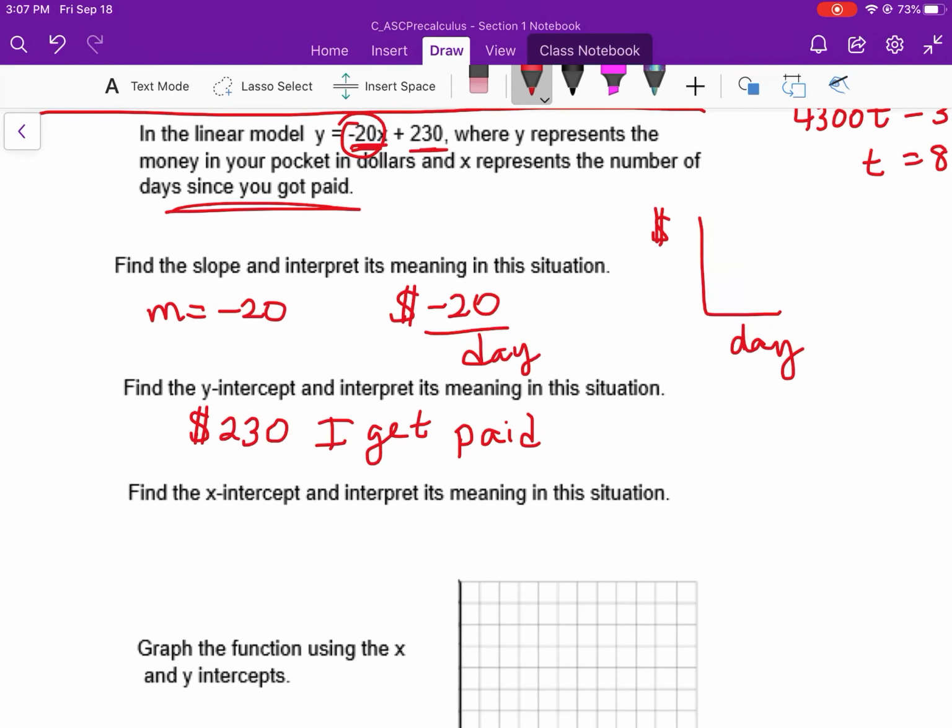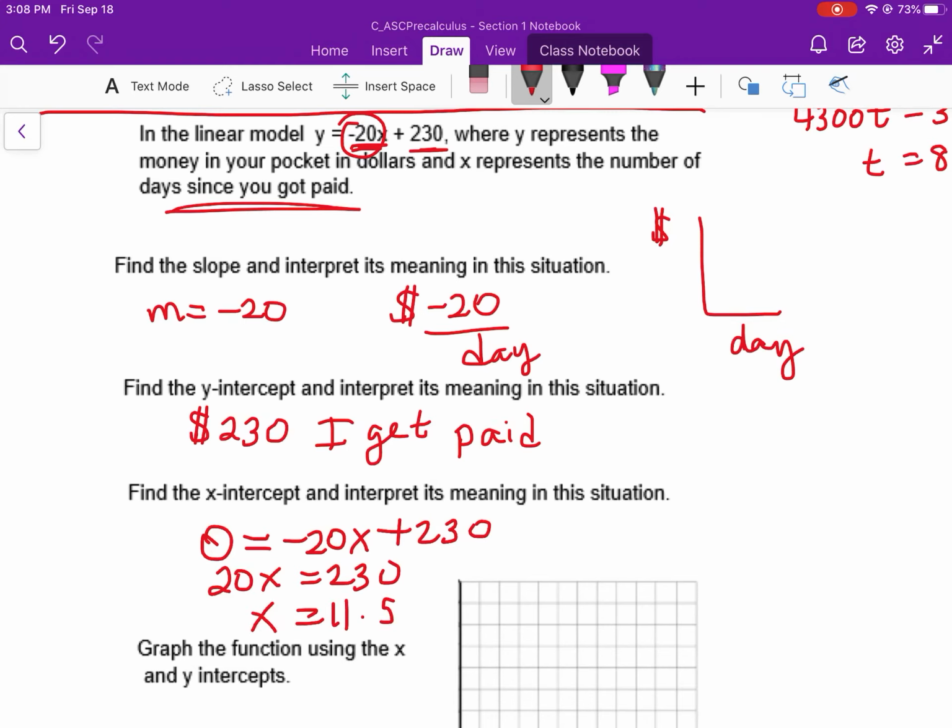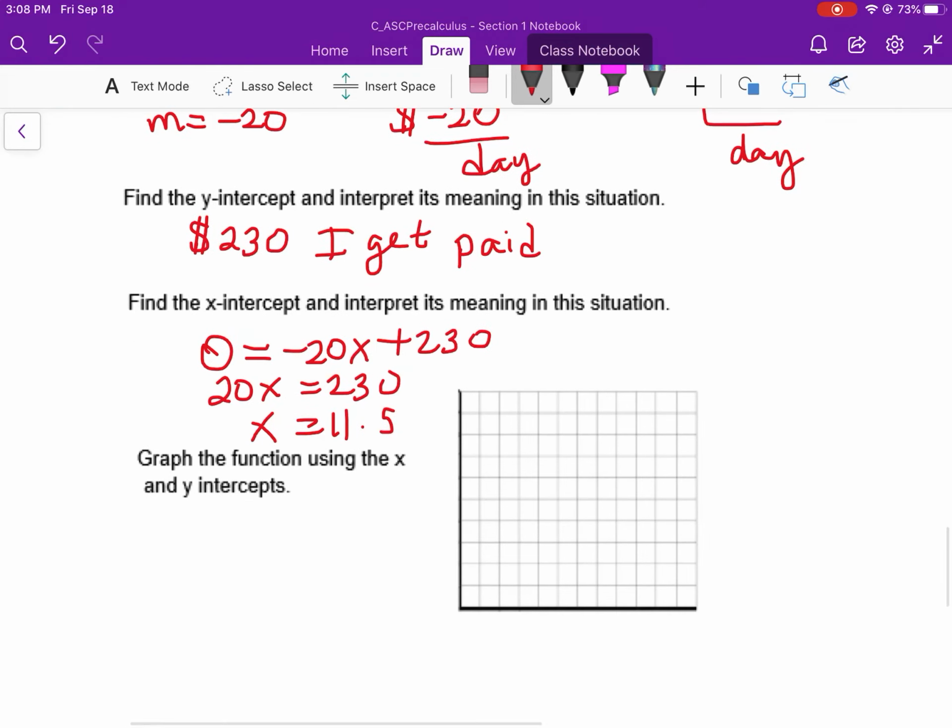Now, what's the x-intercept? Remember, the x-intercept would be when y is 0: negative 20x plus 230. So 20x equals 230. 230 divided by 20 is 11.5. So that means after 11.5 days, I've got no money. So if I were going to graph it, maybe I could put my graph here.